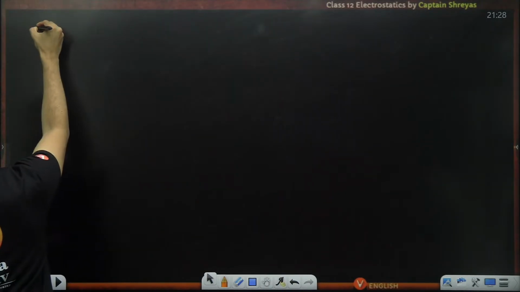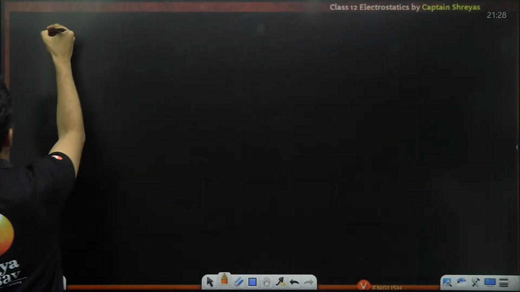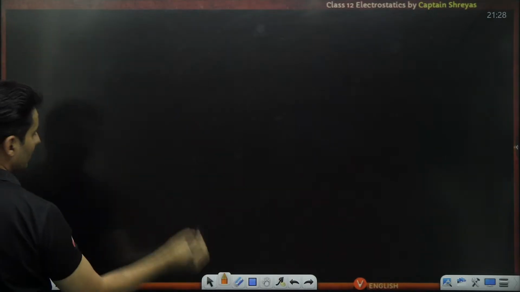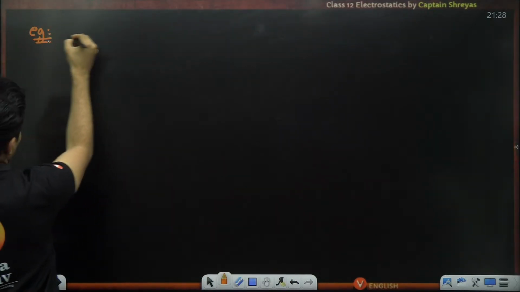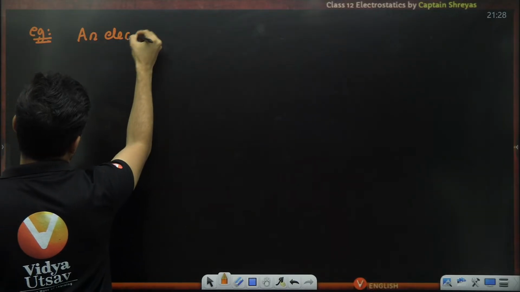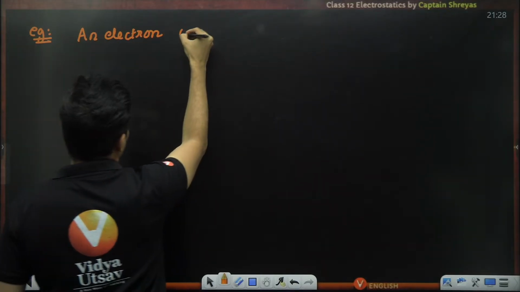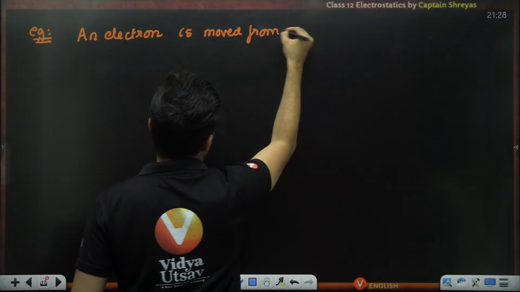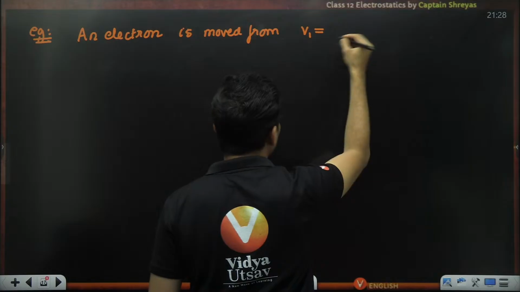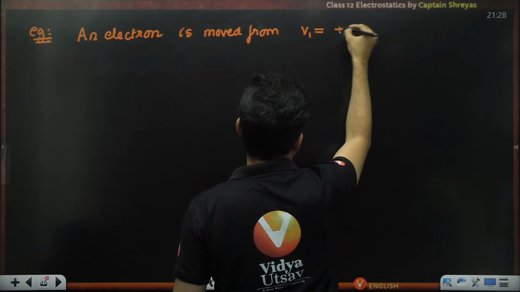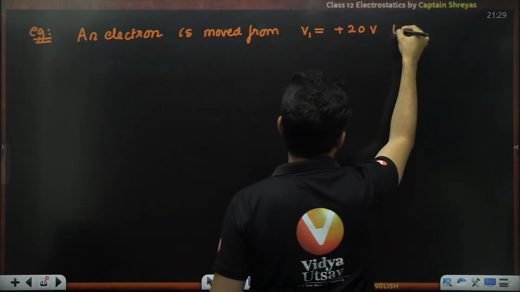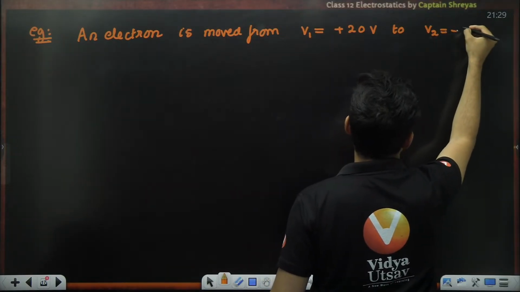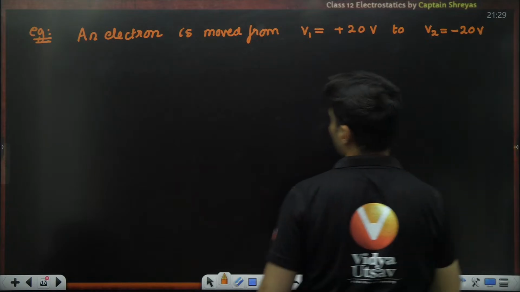Say for example, an electron is moved from point 1, which has a voltage of plus 20 volts, to point 2, whose voltage is negative 20 volts.